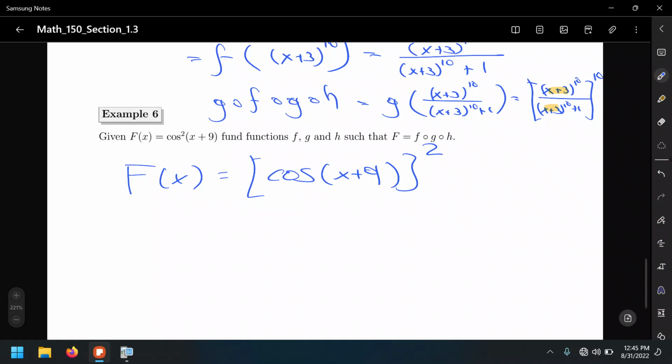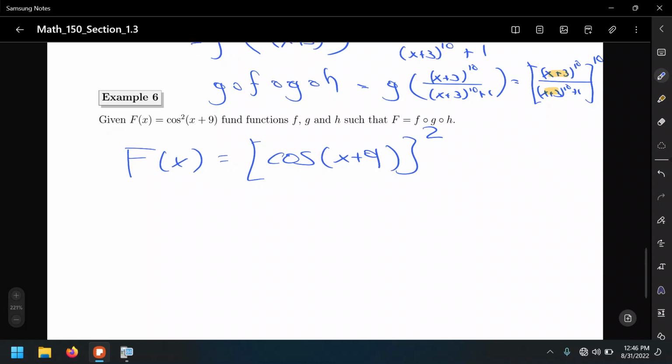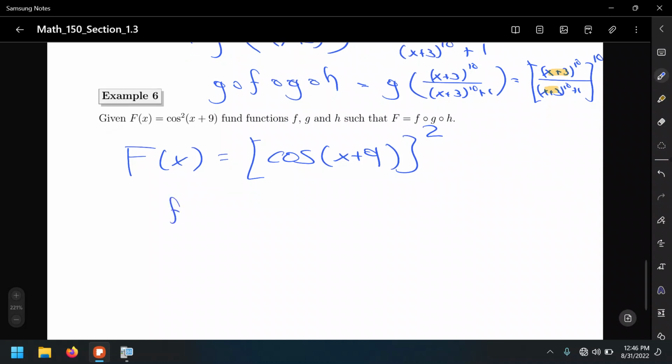That is little f equals x squared, little g equals cosine, and little h equals x plus 9.